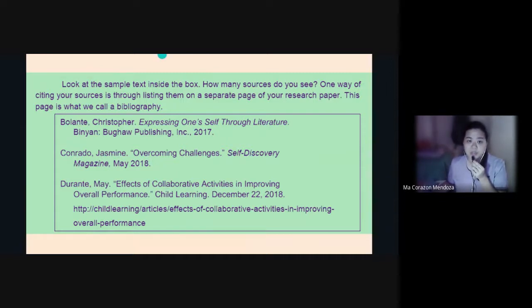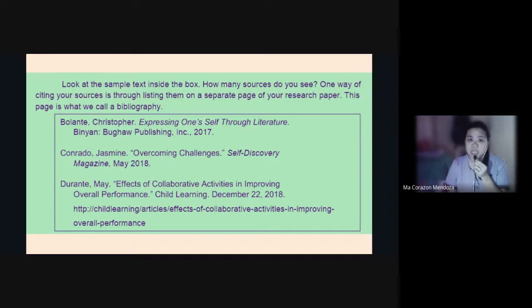Look at page 7 of your module. So the things you see here, Volante, Christopher, Conrado, Jasmine, Durante, May, we have here a list of sources, which is what we call a bibliography.